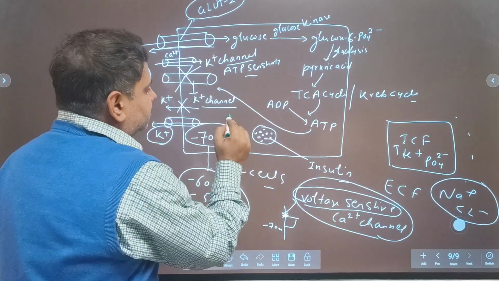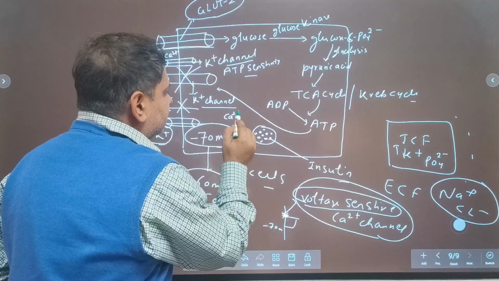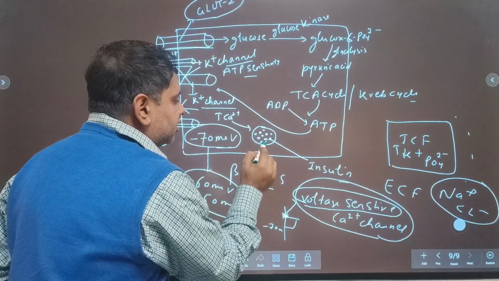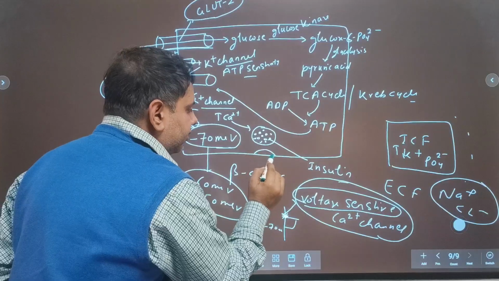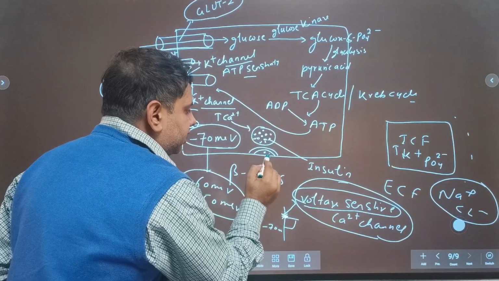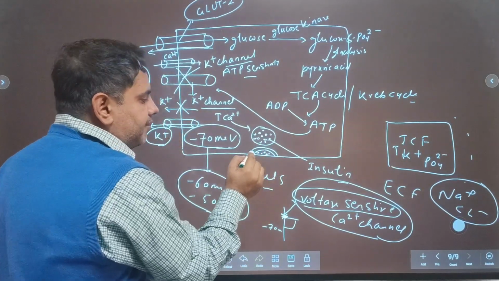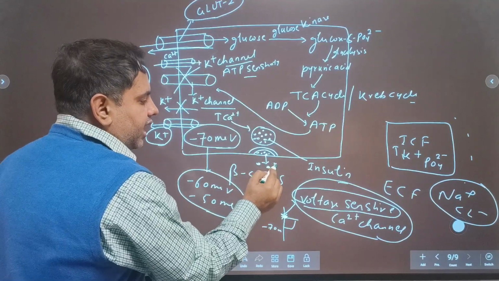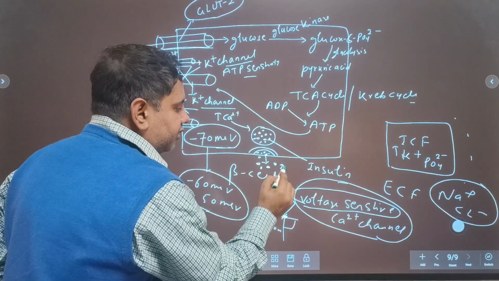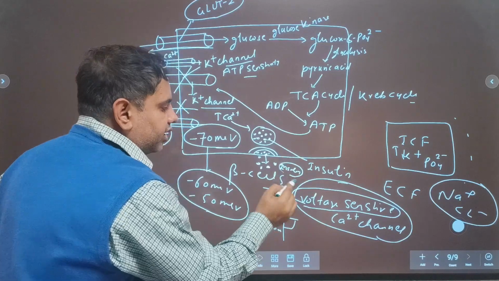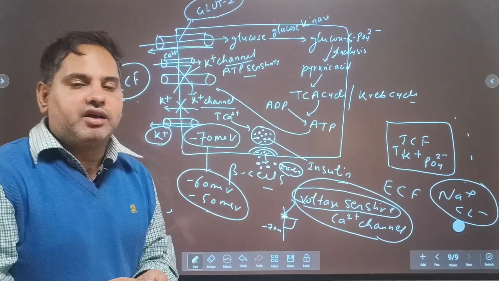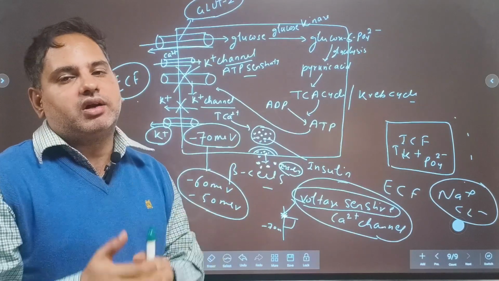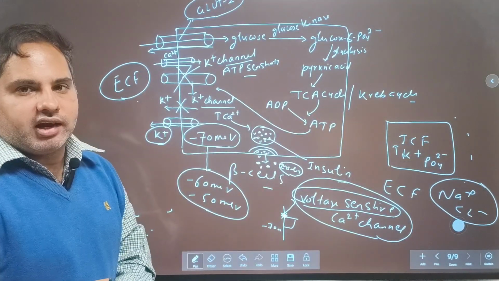So these calciums, the increased calcium levels inside the cells, is going to fuse these vesicles with the membrane, and when they fuse with the membrane, the chemical which is stored inside the vesicles will come out, and that chemical is insulin, right, which is required to do the uptake of glucose inside the cells and maintain your blood glucose levels, right?